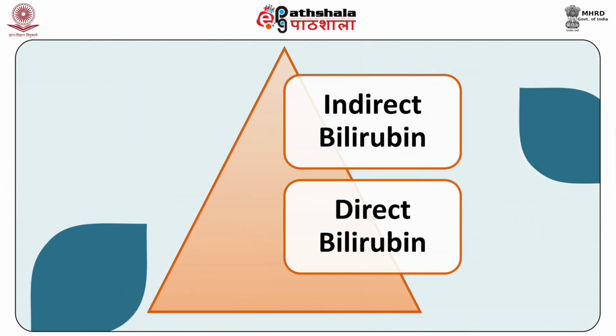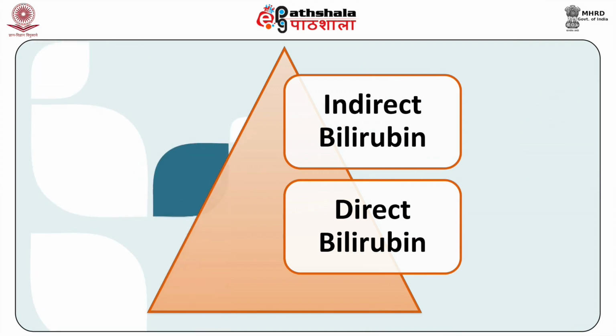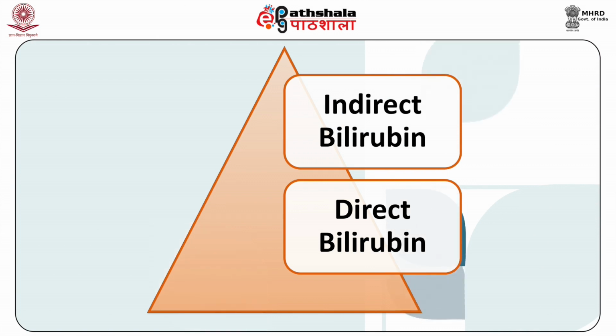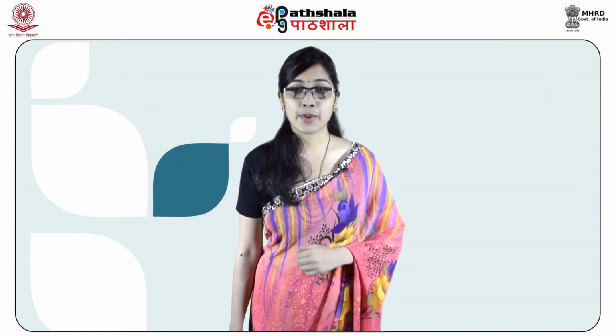Direct bilirubin is formed from the indirect bilirubin in the liver and is readily dissolved in water. The direct bilirubin and total bilirubin levels can be measured from the blood, but the indirect level of bilirubin is derived from the direct and total bilirubin measurements.